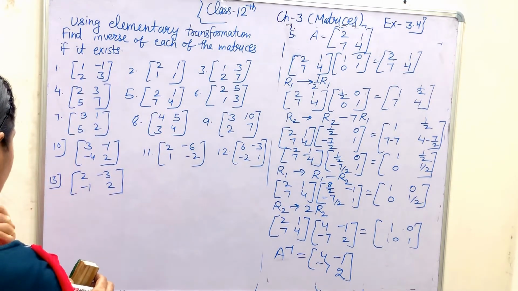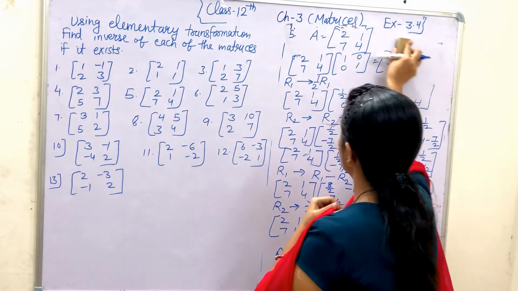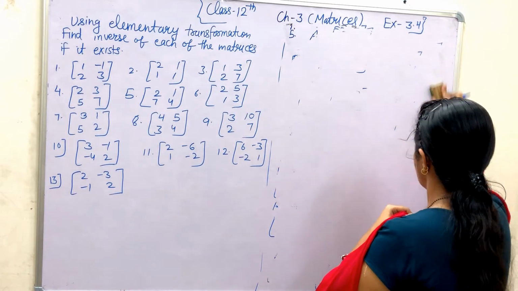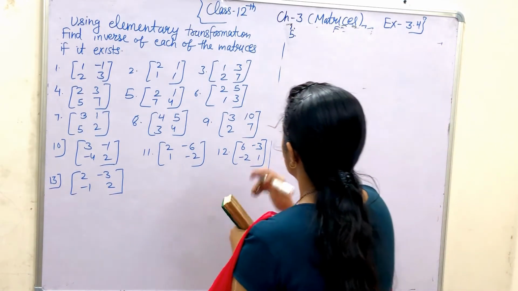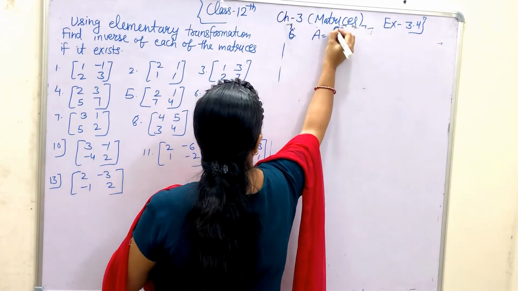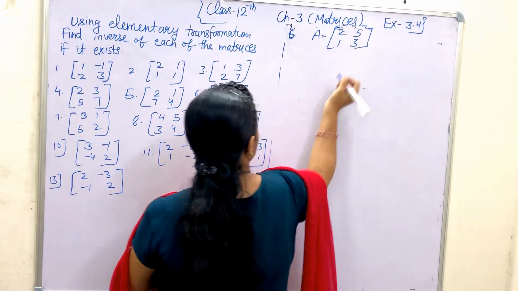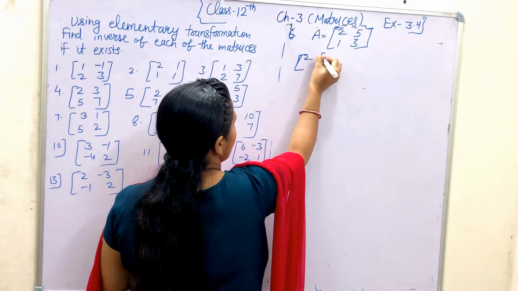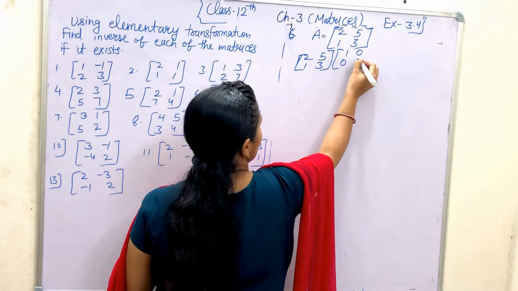Now question number 6, that is 2 5 1 3. A is 2 5 1 3. In the same process, 2 5 1 3, identity 1 0 0 1.